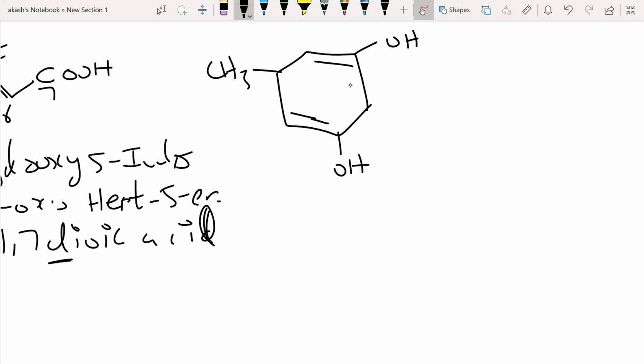So now, guys, obviously priority goes to the OH, no doubt. If, for example, you put 1 to this carbon, you cannot put 2 here.